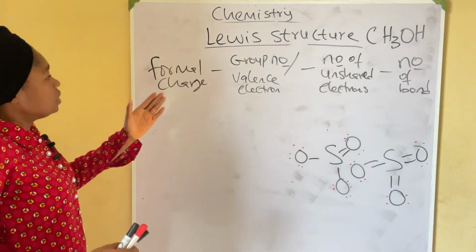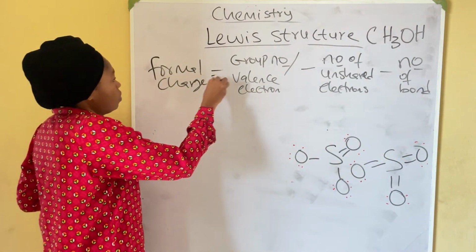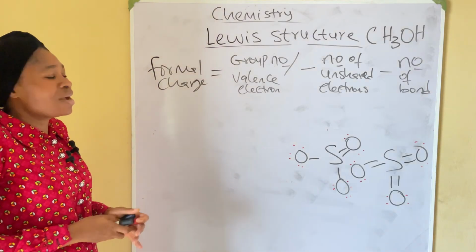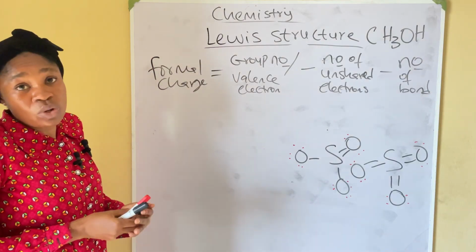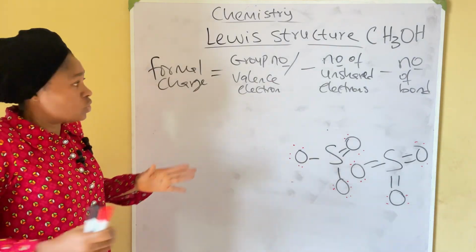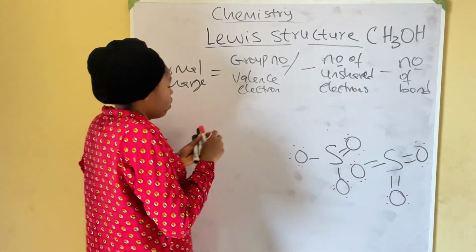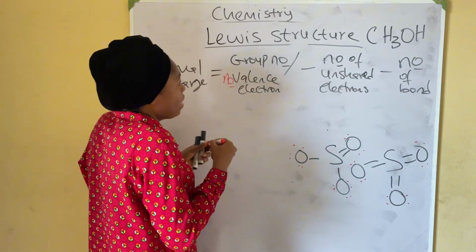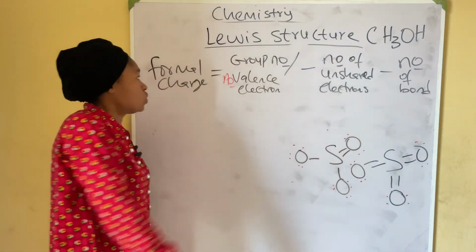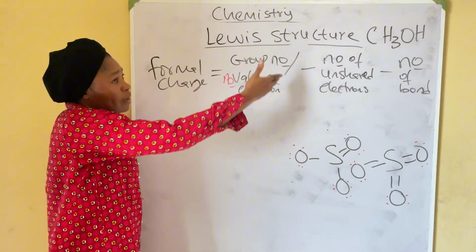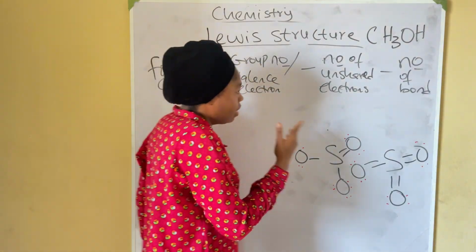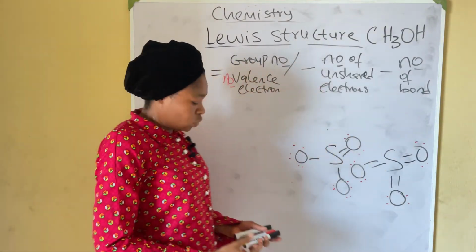So formal charge is equal to what? Group number. Remember, elements are put in their groups according to the number of valence electrons. So formal charge is equal to group number, or number of valence electrons, minus number of unshared electrons, minus number of bonds.